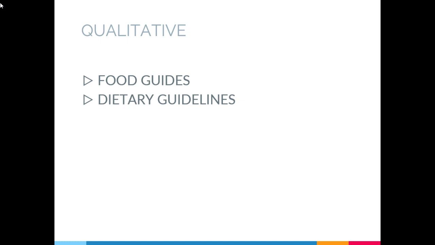We have food guides and dietary guidelines. It's very important that you know the examples of each of these qualitative tools. As we go along the slides, you are going to be introduced to the different food guides, as well as to the different dietary guidelines.